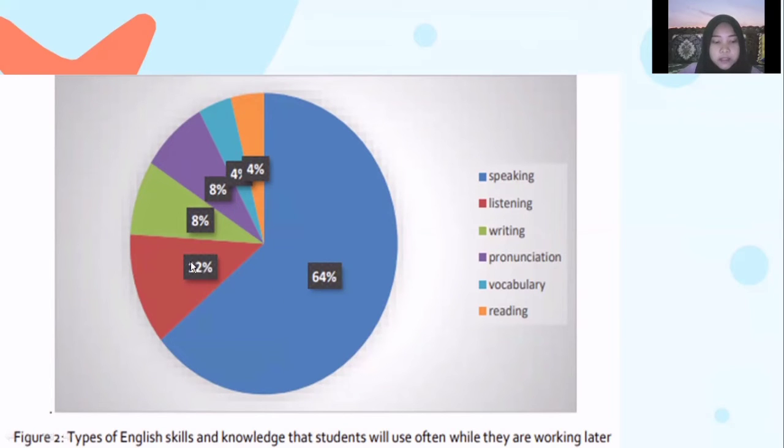Then about 12% of students chose listening. About 8% of students chose writing and pronunciation. And then about 4% of students chose vocabulary and reading.